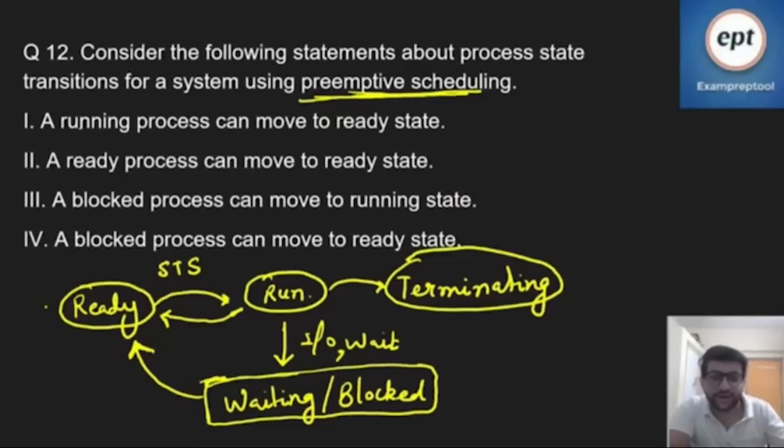Okay, so let's see the options. It has been given that a running process can move to a ready state. Yes, a running process can move to a ready state because it is a preemptive scheduler. If it was given as non-preemptive scheduling, then this option would not have been correct, right? So this is correct. Next, a ready process can move to a ready state?